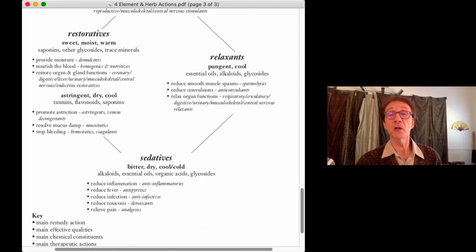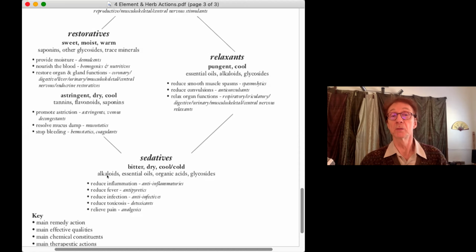From the vitalistic or energetic medicine perspective, which includes Chinese medicine, Ayurveda, Tibb Unani, these are bitter, dry, cool, or cold herbs, right? They contain alkaloids. For example, lobelia is an extreme example. Bupleurum chaihu, a Chinese herb. Boneset, right?